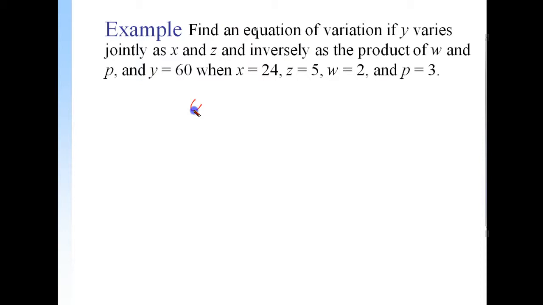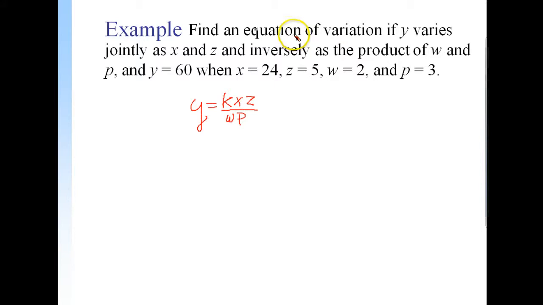It says Y. Now remember, K always goes up there in the numerator. Jointly as X and Z. And inversely as the product of W and P. So we're just taking it as we read it.